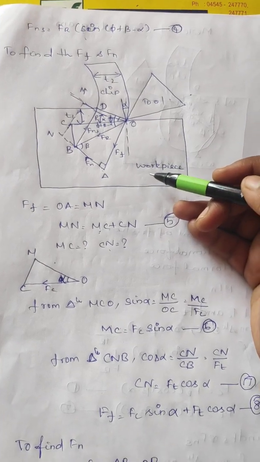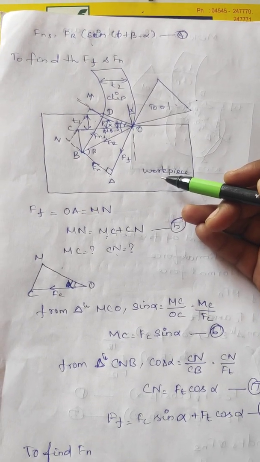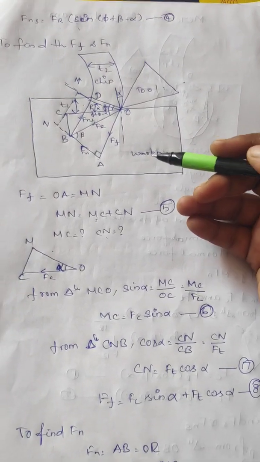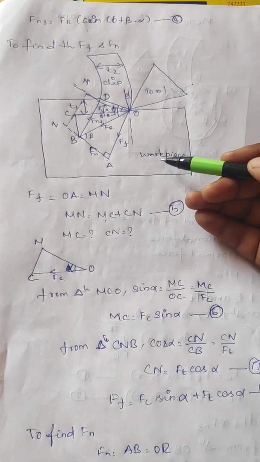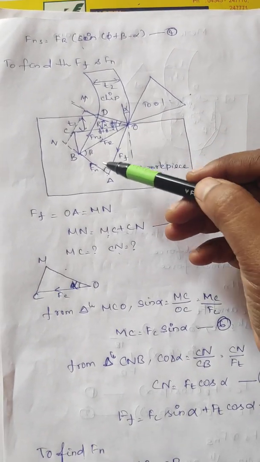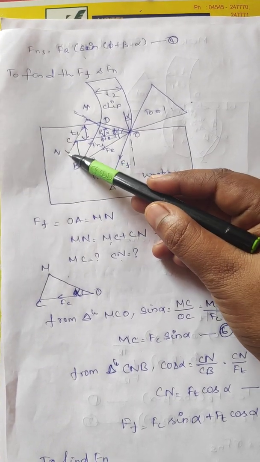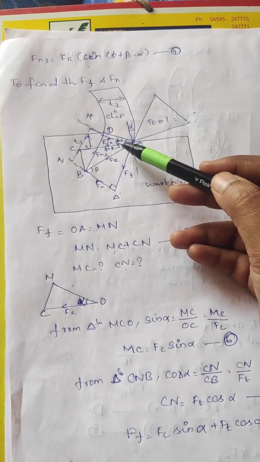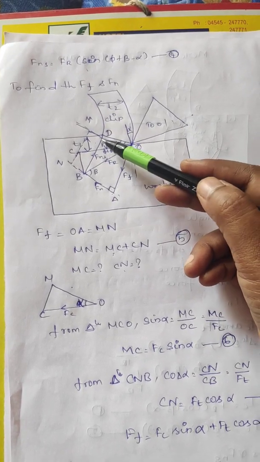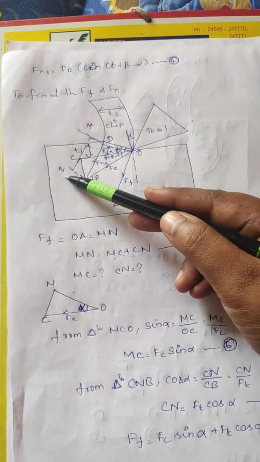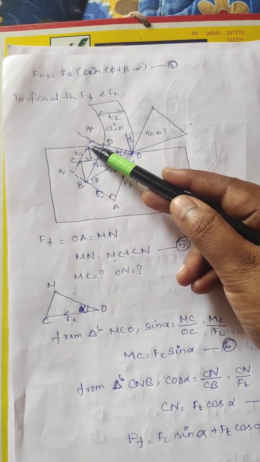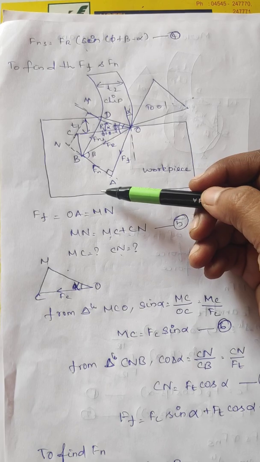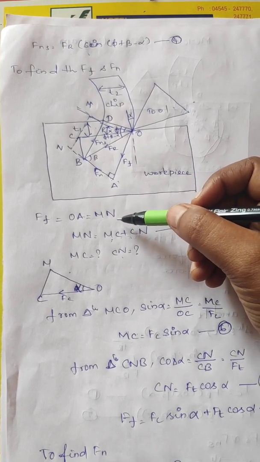Now we need to calculate the most essential things, that is the frictional force and normal force. For calculating them, Merchant made some alterations in the diagram. He extended the line AB to a certain distance up to N, and also drew a line parallel to AB, extended from OD to M. There is a line connecting M and N, intersecting at C. Now we are going to calculate the frictional force.